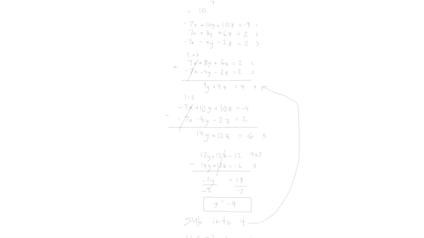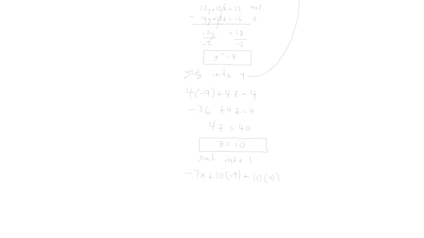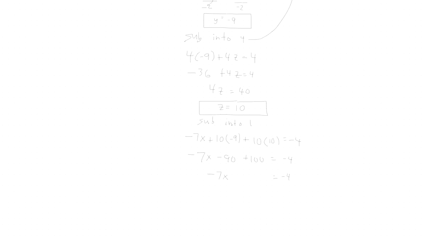Now just simplify this. What's 10 times -9? -90. And what's -90 plus 100? 10. So -7x plus 10 equals -4.